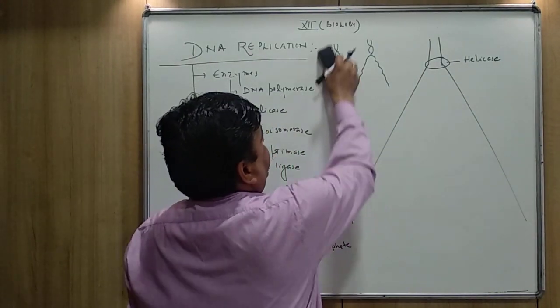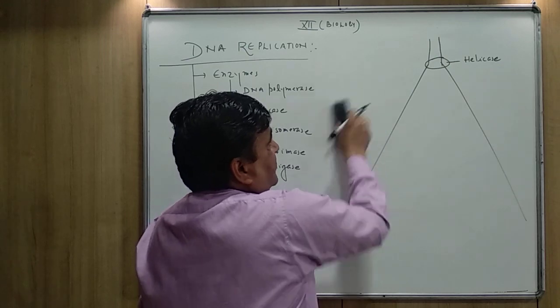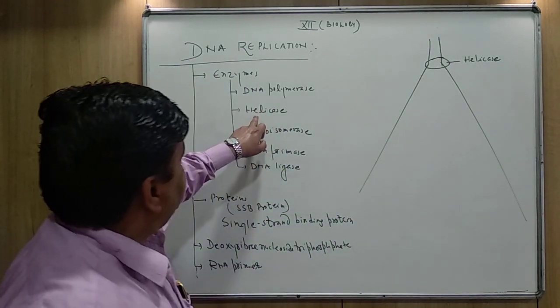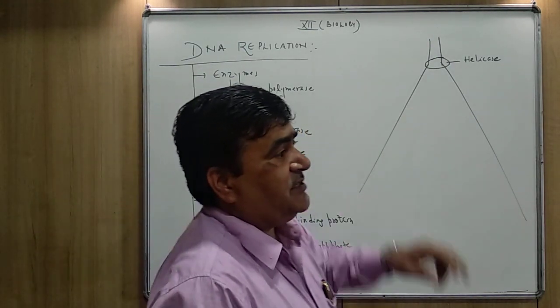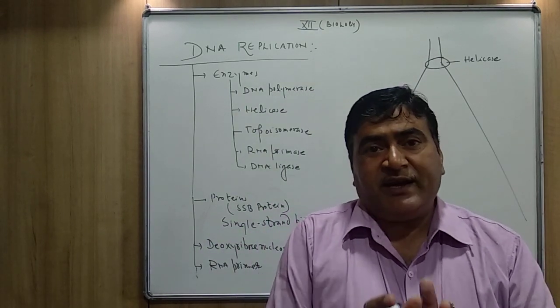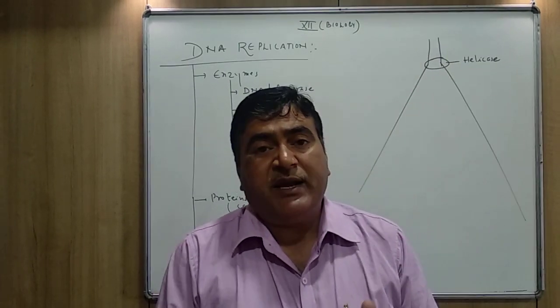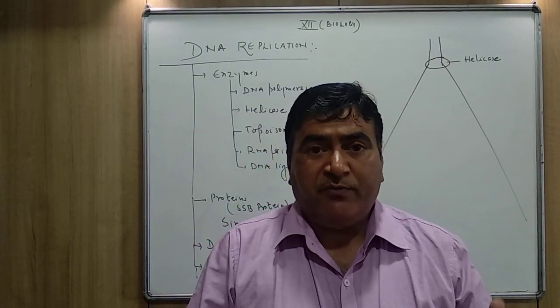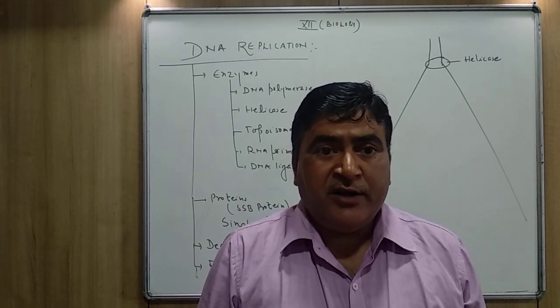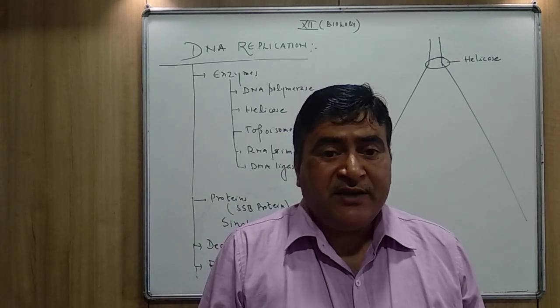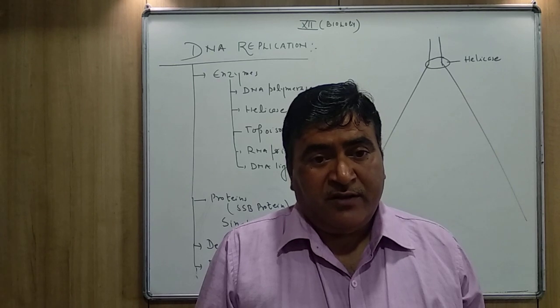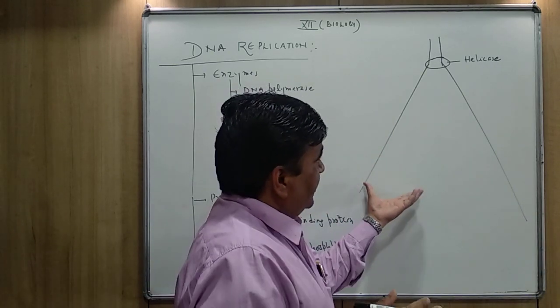The helicase enzyme. This enzyme, helicase, unwinds the duplex DNA to make the DNA template, to make the replication fork. What do you mean by replication fork?